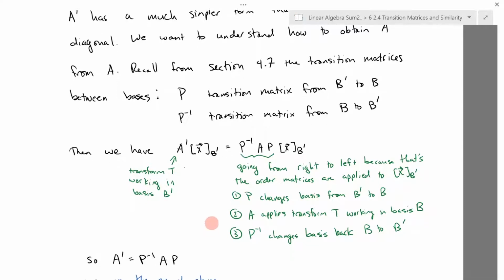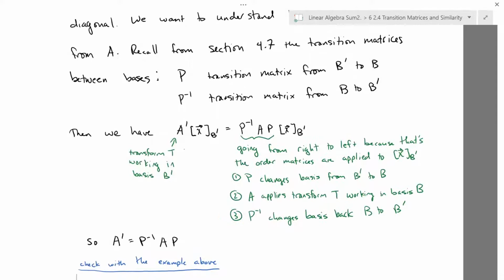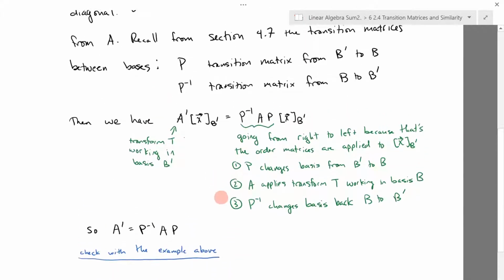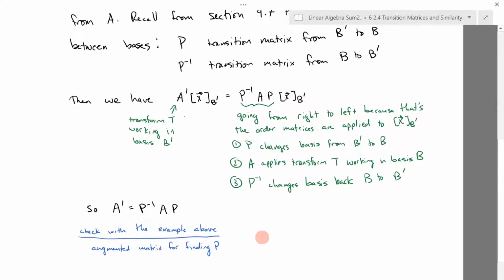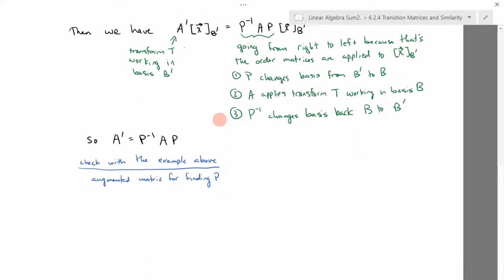Say I want to find the matrix P. P is the transition matrix from B prime to B. If you go back to section 4.7, what you do is set up the augmented matrix. The augmented matrix for finding P would be to put basis B on the left and then B prime on the right.